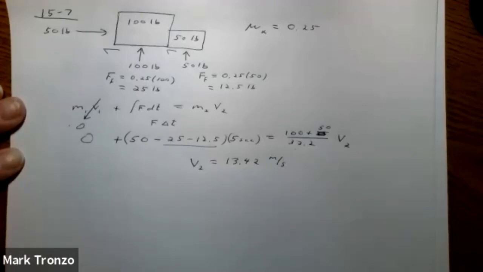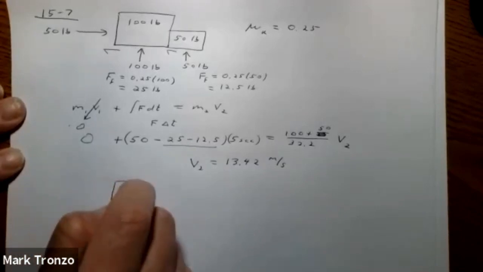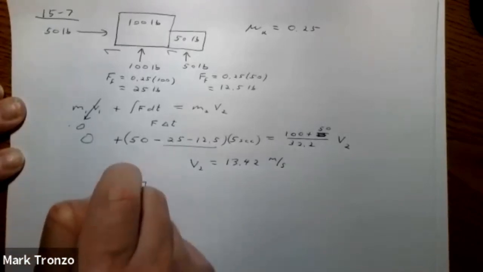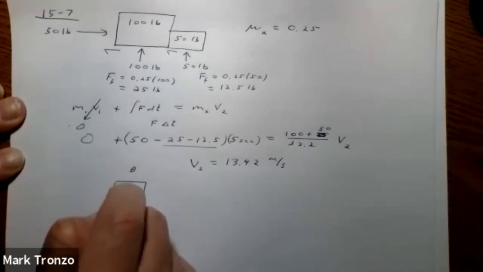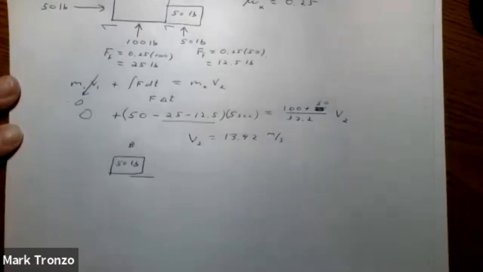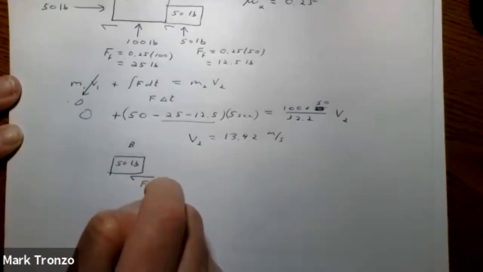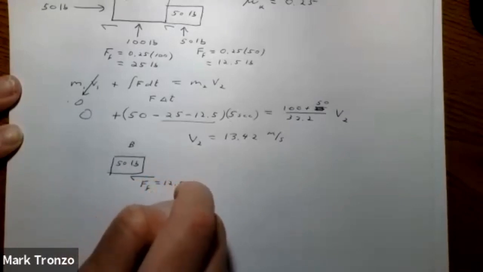And the second thing we need to find out is how much force is exerted by crate A on crate B. So we'll take a look at crate B, which is 50 pounds. Once again, we know crate B has a friction force underneath it of 12.5 pounds.